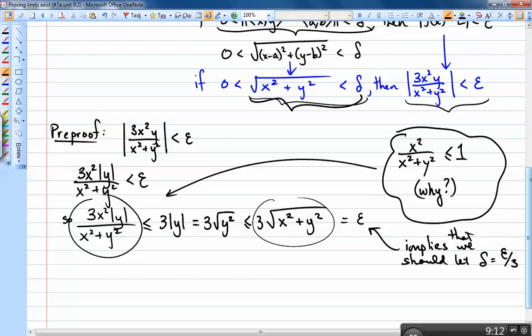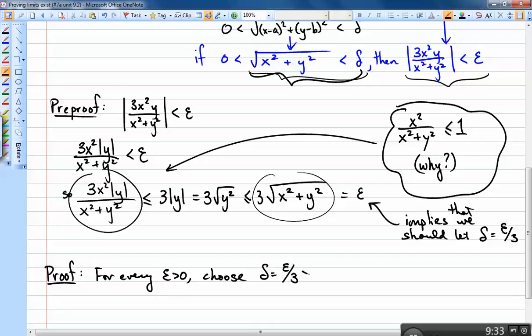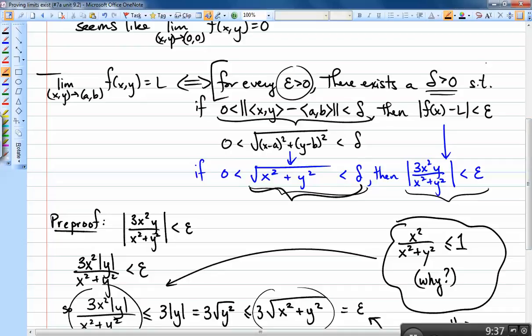So let's take a look at this now. So here's the proof part. So for every epsilon greater than 0, we're going to choose delta to be epsilon over 3, which also has to be positive. So now we've gotten this part taken care of, right?